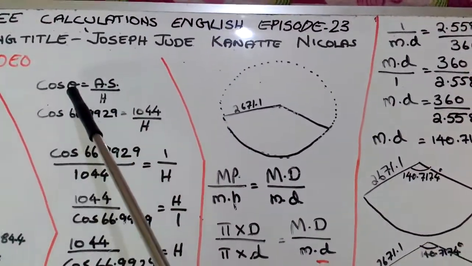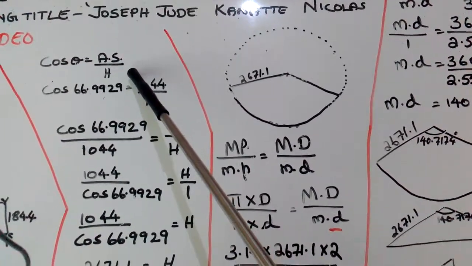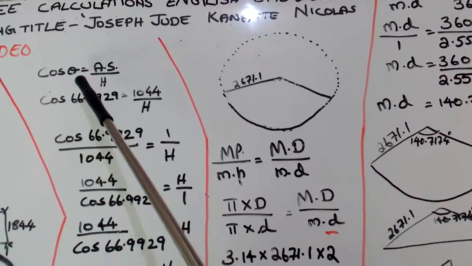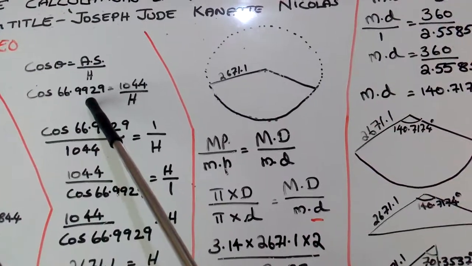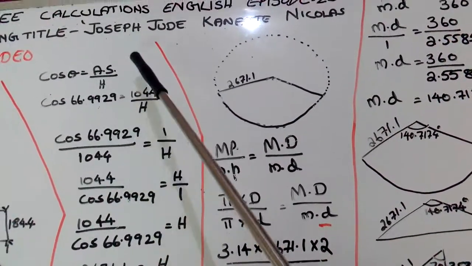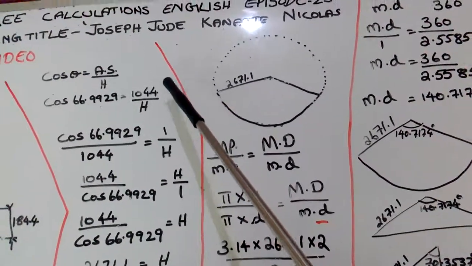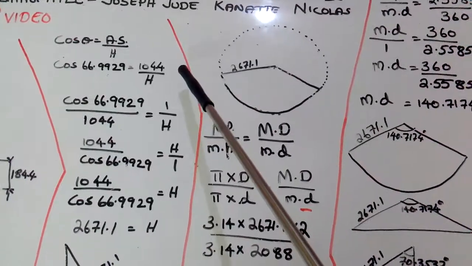Last episode I told you its formula is adjacent side by hypotenuse, and we gave measurements to this formula. Instead of theta, we gave the degree measurement 66.9929, and for the adjacent side, 1044. I won't describe all that because I described it last time.